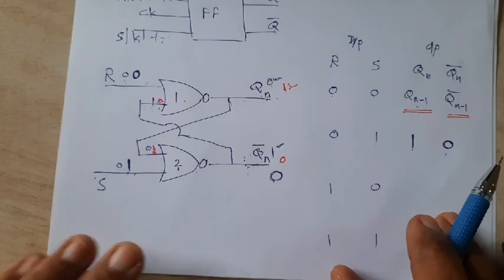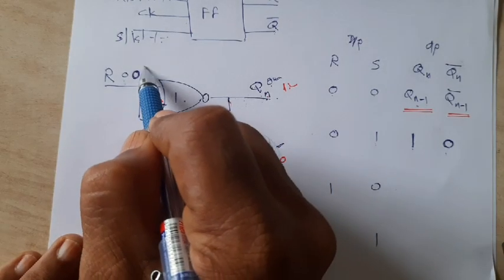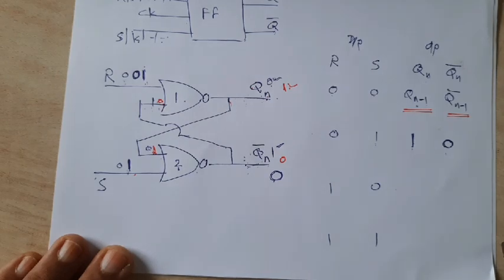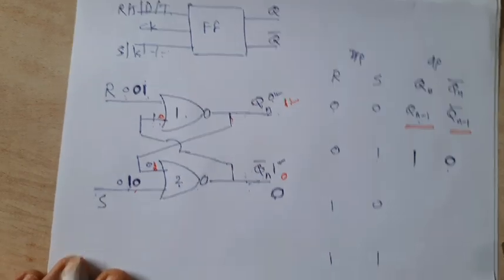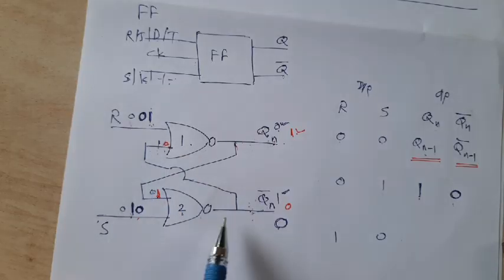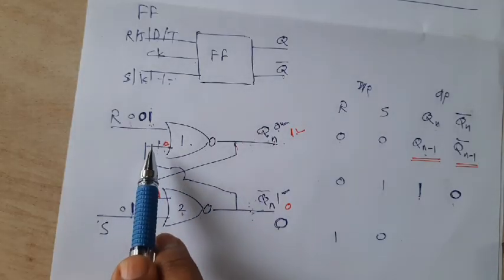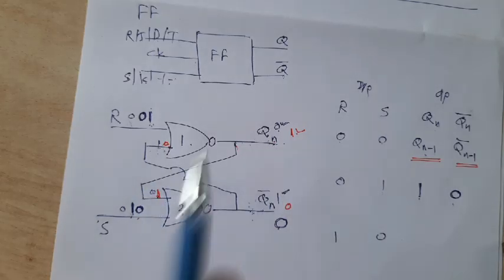Similarly, suppose R is equal to 1 and S is equal to 0. Now we will have to focus on R because R is 1. Hence, irrespective of Qn minus 1 bar, now Qn becomes 0.